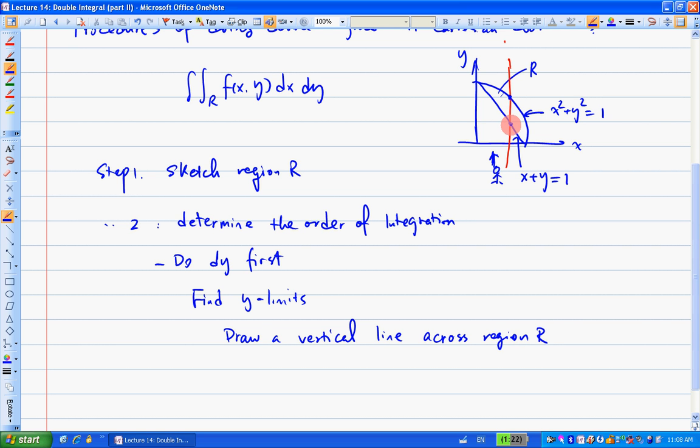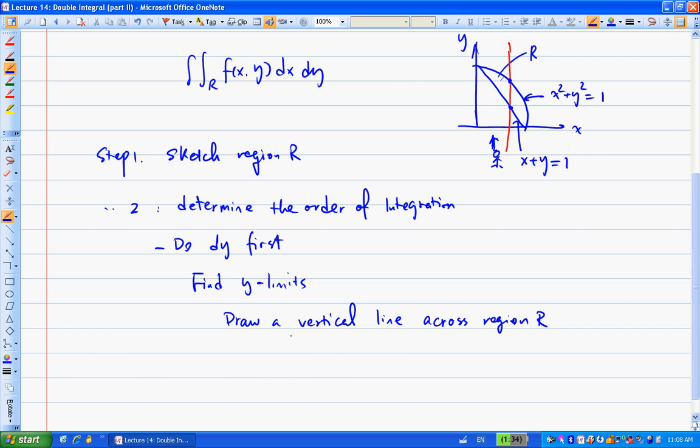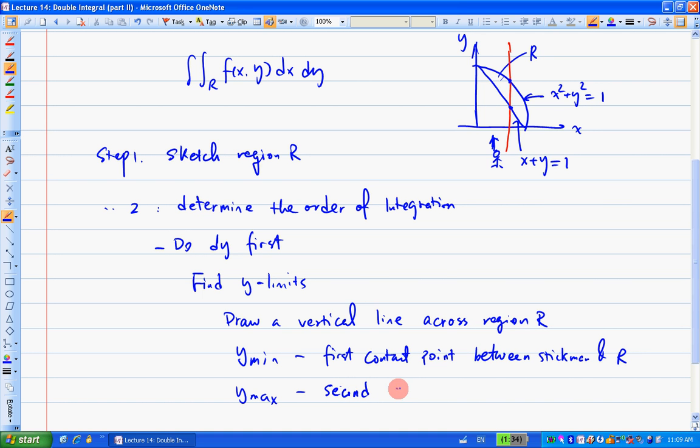This is a simple region. In this case, you get two contact points. The y min, which is the limit we're looking for, is the first contact point between the stick man and the region R. And y max is the second contact point.